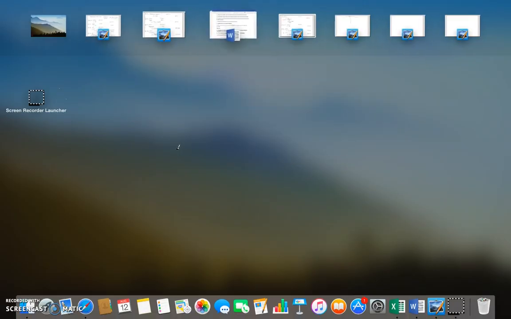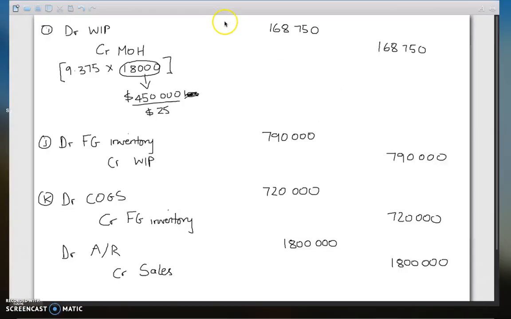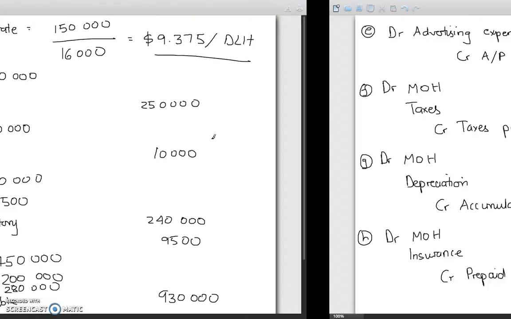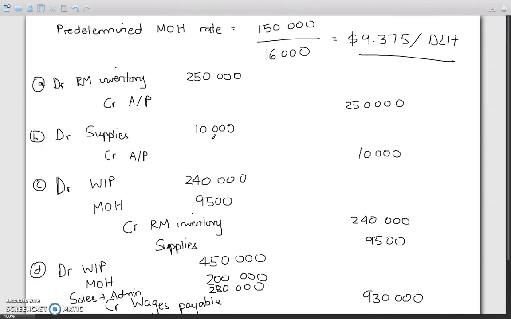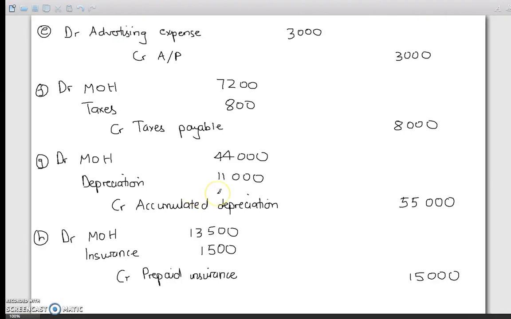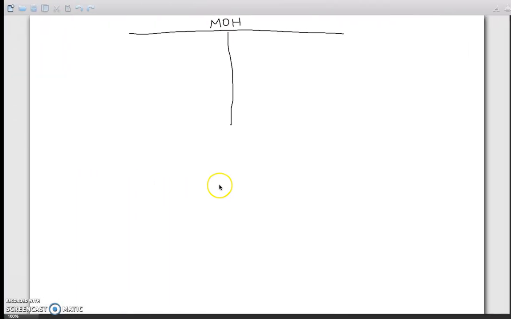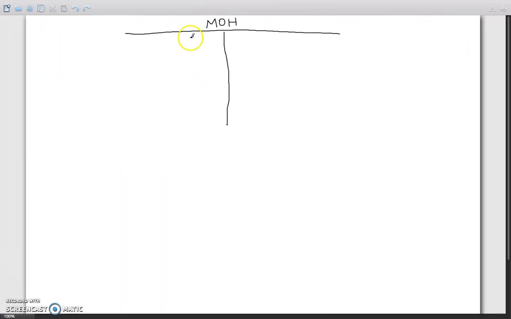Okay, so first off, I'm going to move the question here, and then I'm going to see where MOH was involved, if at all. Actually, it was, but you want to see where exactly. So over here, you see MOH being debited by 9,500. You only care about MOH at this point, in order to find what you're looking for.